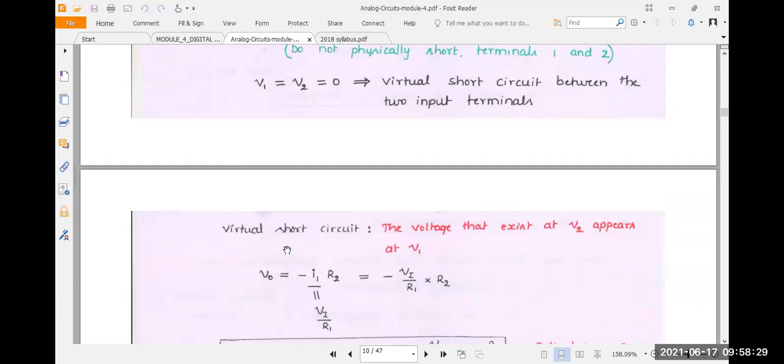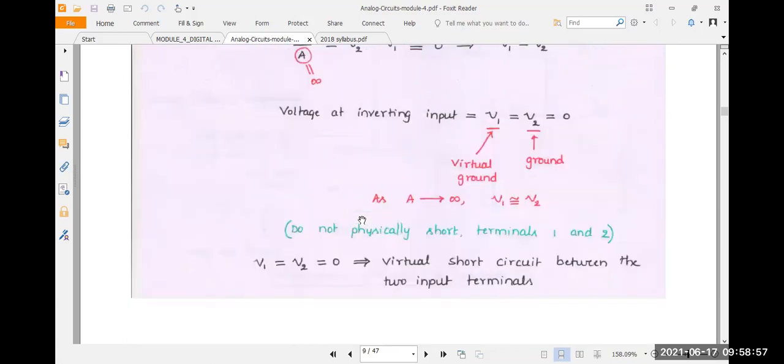In this condition we can take one more equation. For the virtual ground at the V1 terminal, we can write this equation. How can you write it? According to Ohm's law, V is equal to I into R. Now take the V1 terminal.